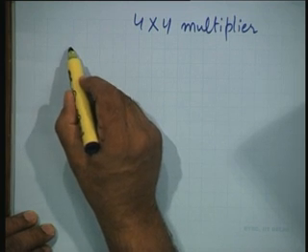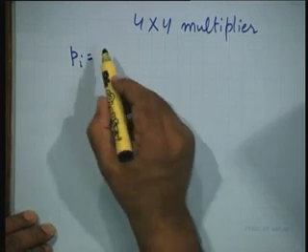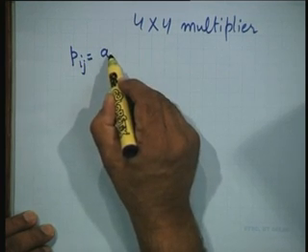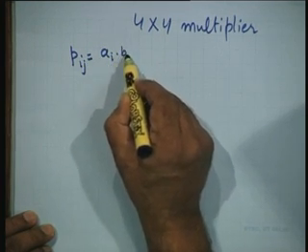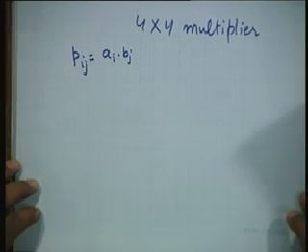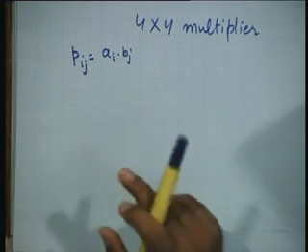Let me denote by Pij the product of Ai and Bj. So, we have A's multiplied by B's.